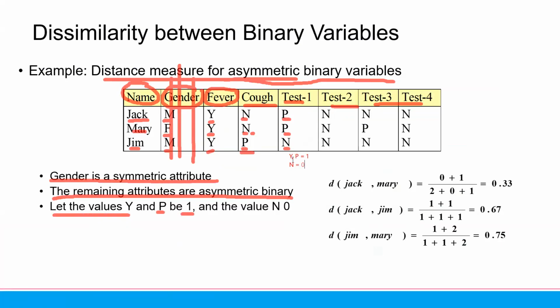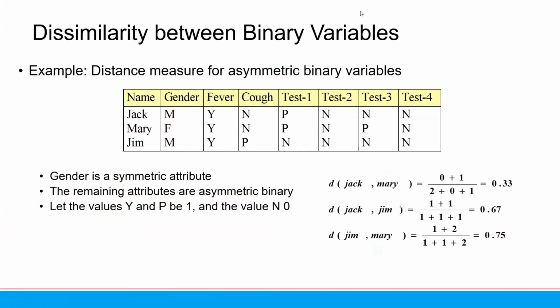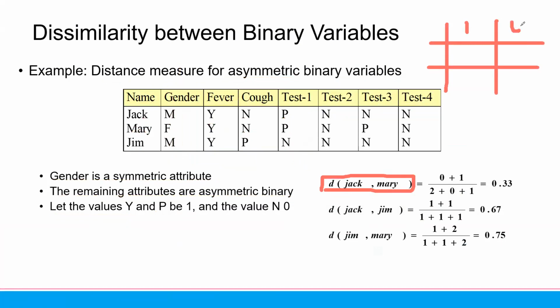So how can we know the similarity between the two objects? I would like to check the distance between Jack and Mary. First, I need to create the contingency table: 1, 0, 1, 0. Let's suppose this is Jack and this is Mary.